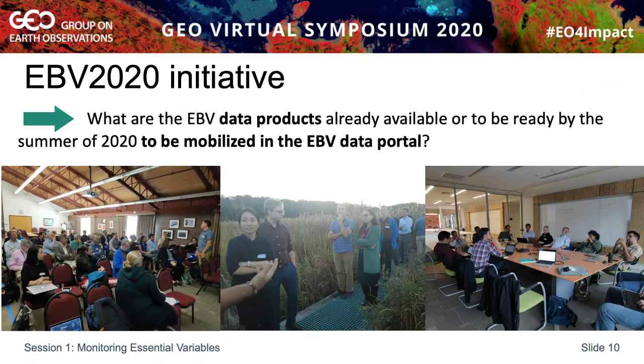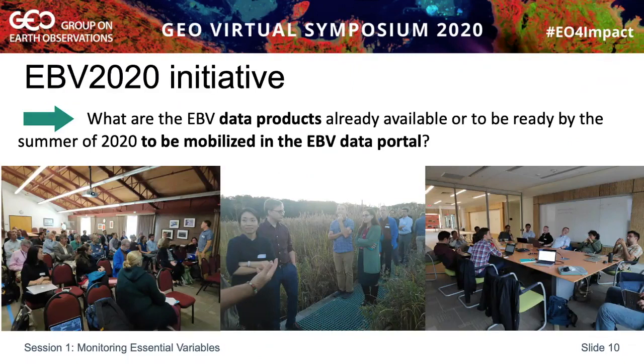So this initiative was organized around two workshops where we brought together, I would say, a little over 60 members of the networks that are working on the development of individual EBV data products. And we started by identifying, with the help of the participants, a little over 70 candidate EBV datasets.